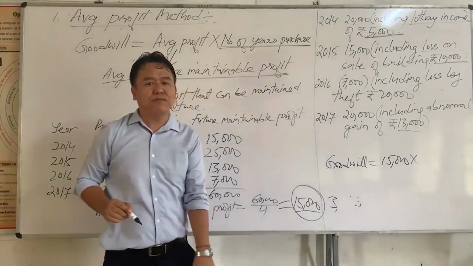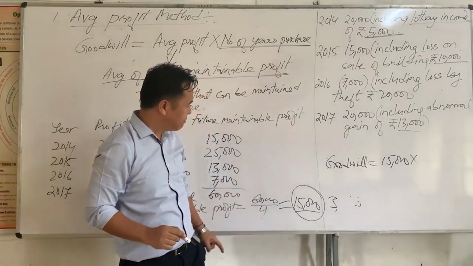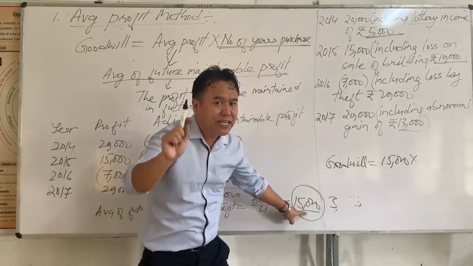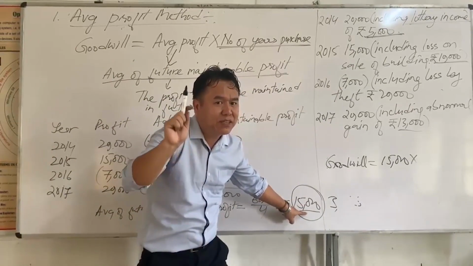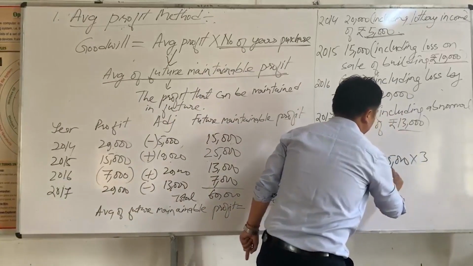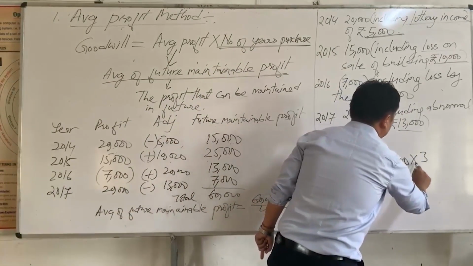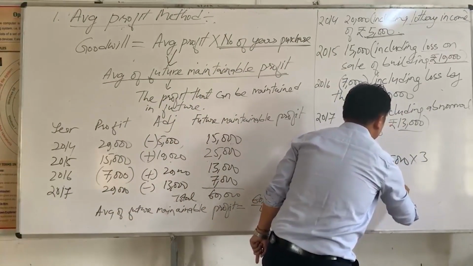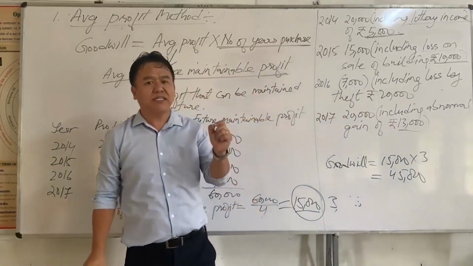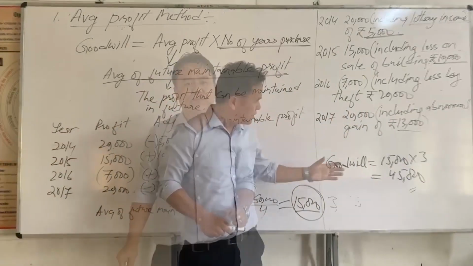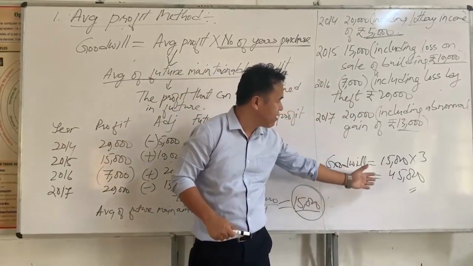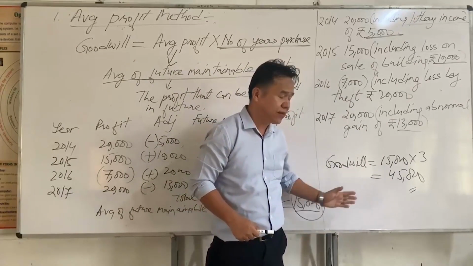As we have assumed that the firm will maintain the same amount of profit for another 3 years, that 3 years is nothing but number of years purchase. So number of years purchase is 3. If we multiply 15,000 by 3, how much do we get? We get 45,000. So 45,000 is the goodwill of the firm. This is how we calculate goodwill of firm by using average profit method. Is that clear for you?